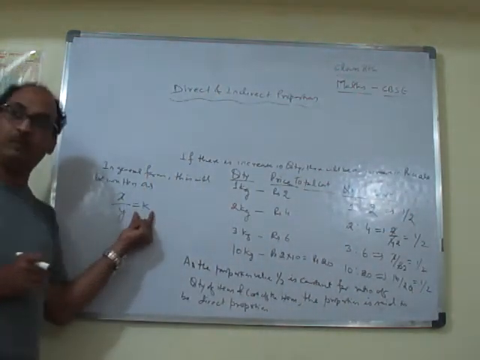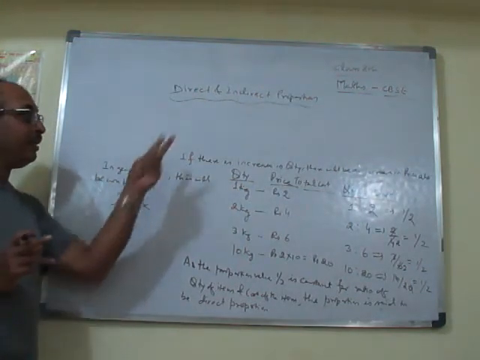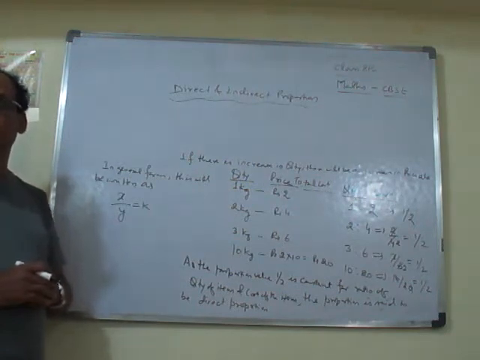When this k is constant for all x and y, the ratio will be called direct proportion.